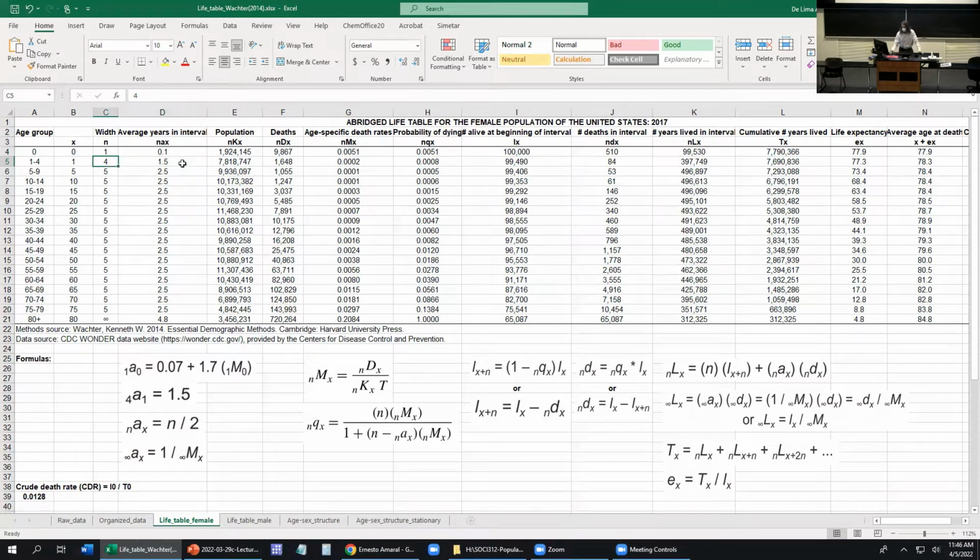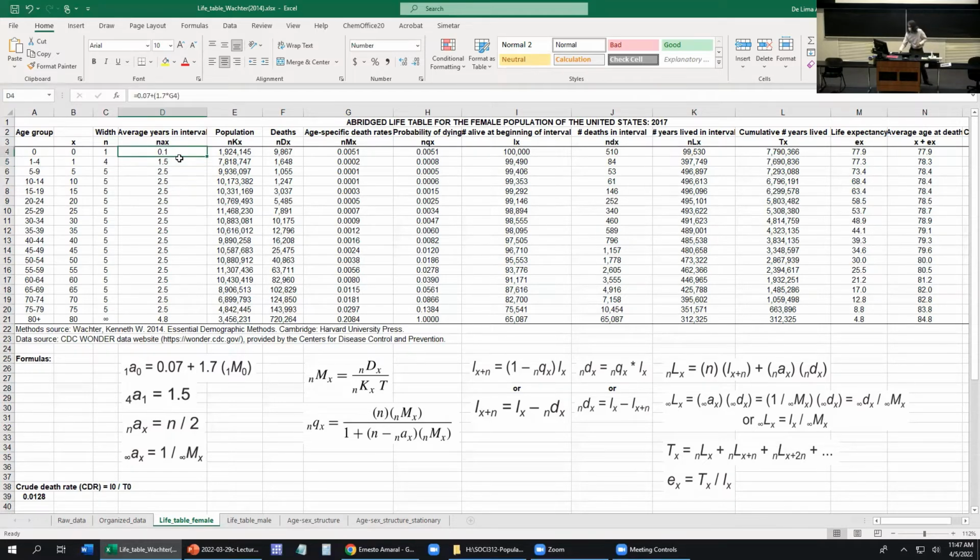So I cannot simply take the width 4 and divide by 2 to get 2, because it's more likely for children who die between these ages to die closer to 1 than to 4. The standard is to use the average years in the interval, the A14 for this specific age group, equal to 1.5. That's a usual convention.